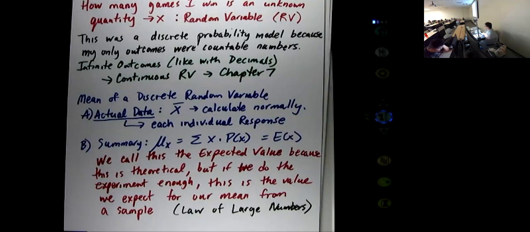Expected value is a huge term in the casino industry, because expected value is all about your point of view. The casino has a positive expected value. Players have a negative expected value in the casino. Well, that's the mathematical definition.